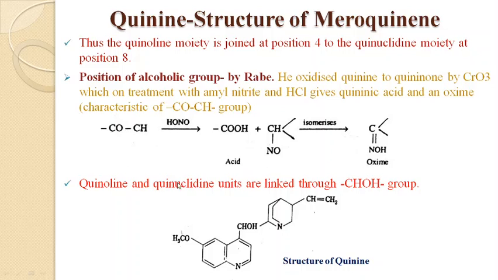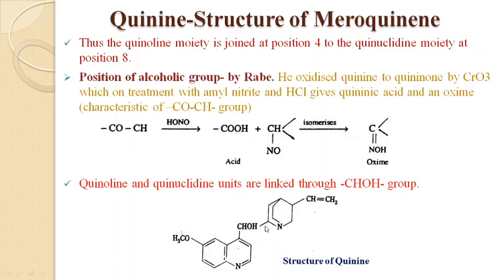So the inference drawn from this series of reactions is that the quinoline and quinuclidine units are linked through a secondary alcoholic group, CHOH. As you have already seen the COCH, this CHOH is the point of linkage between the two moieties. So the final structure of quinine is here. You can see the meroquinene structure.